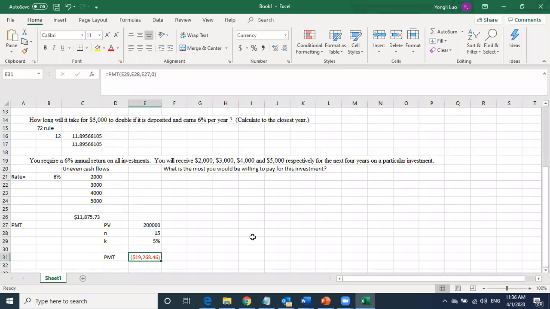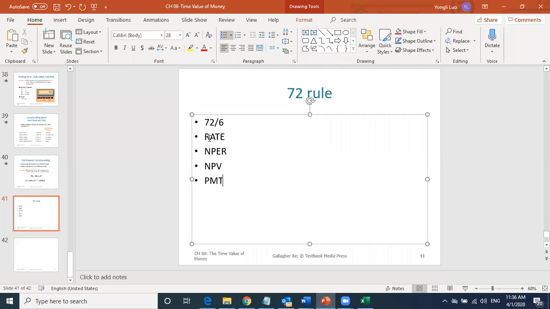Did you see that you have a project? The project is similar to the question we talked about today. So make sure you identify what the question is asking you, and what type of function you need to use. Basically it asks you to calculate a number of years or a payment.